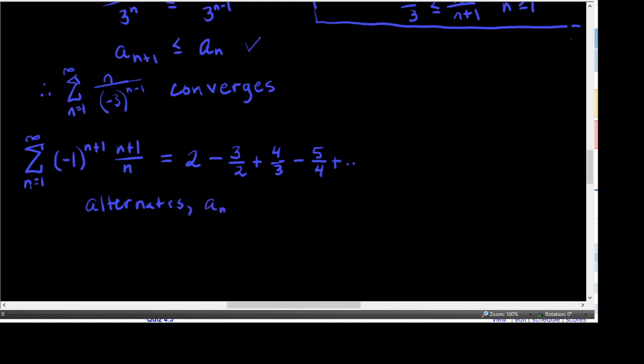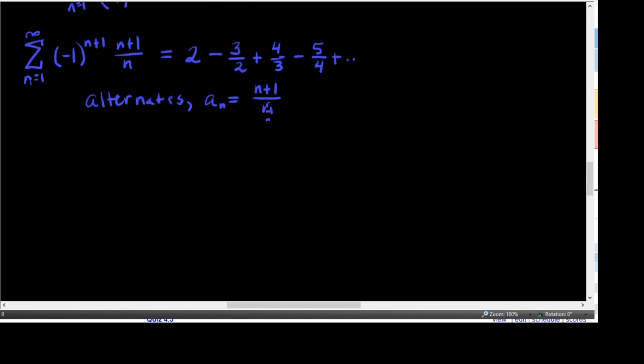This time our a sub n is really easy to spot because that power of negative 1 is already separated out in front. So a sub n is the part that doesn't include that power of negative 1. Okay, so first part of the test, number 1. What is the limit as n approaches infinity of n plus 1 over n?